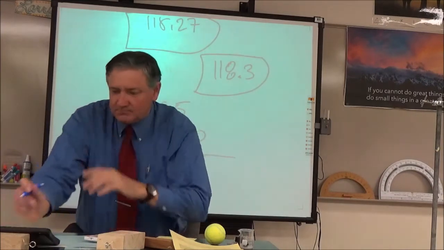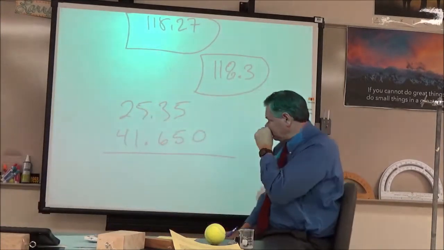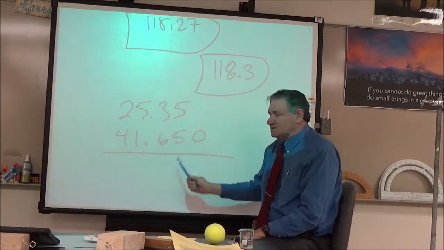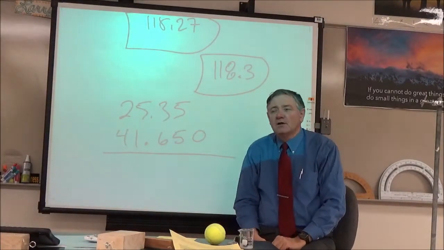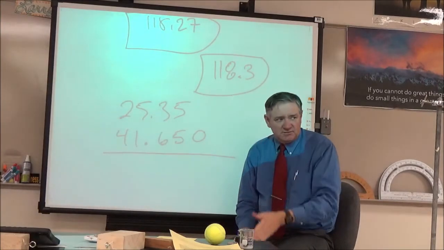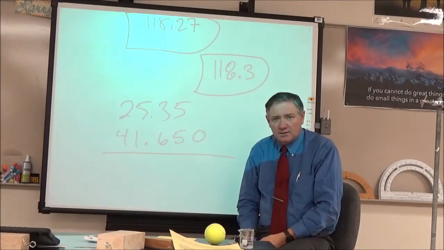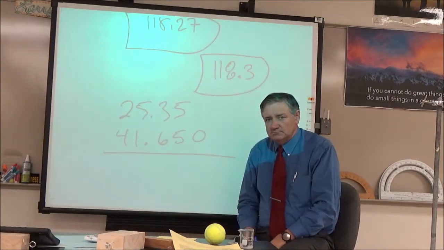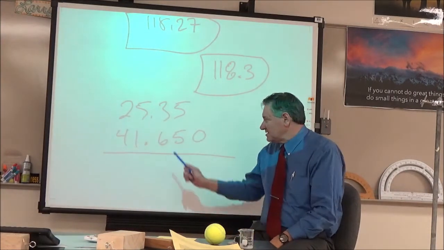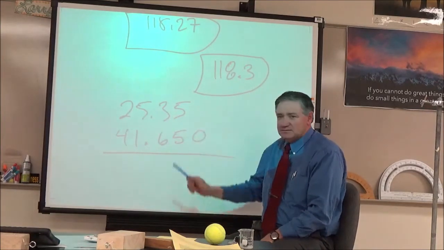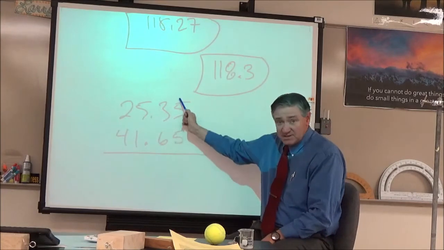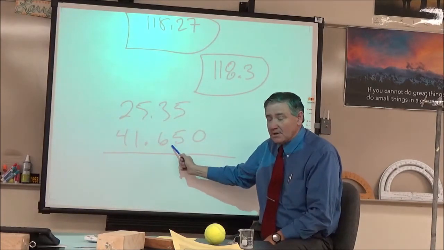So those are my two measurements. 25.35, and I'm going to add that to 41.65. What's my least precise measurement? Tenths, hundredths, thousandths. Hundredths, right? This is my least precise measurement, in the hundredths.